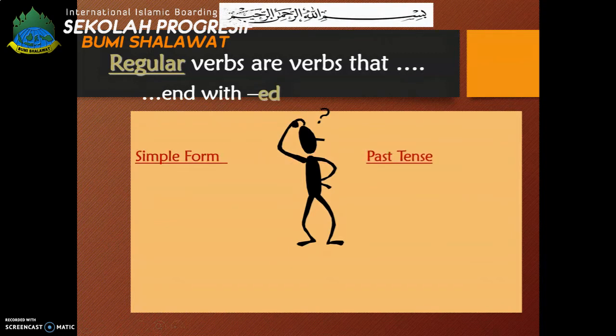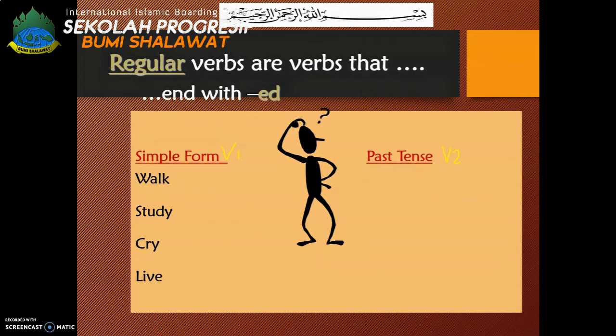For example, like this is the simple form or verb 1, and this is for past tense or verb 2. Let's take a look. Walk, study, cry, live are verb 1.